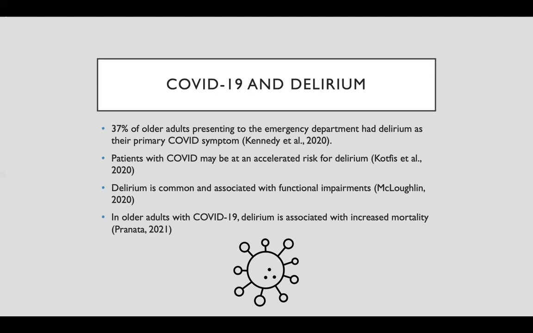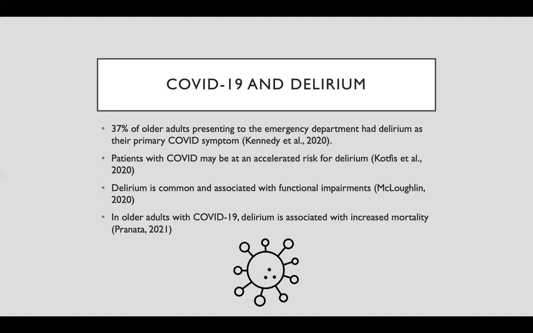Next, patients with COVID may be at an accelerated risk for delirium. So many factors may be responsible for high rates of delirium with COVID patients, including decreased social interaction and decreased mobility. Delirium is common and associated with functional impairments.